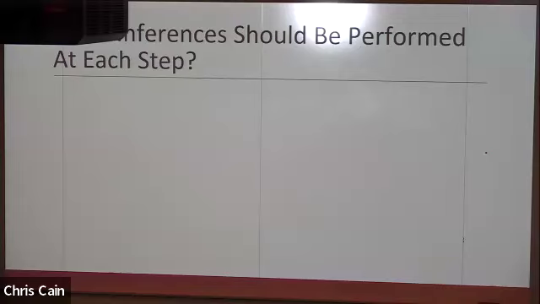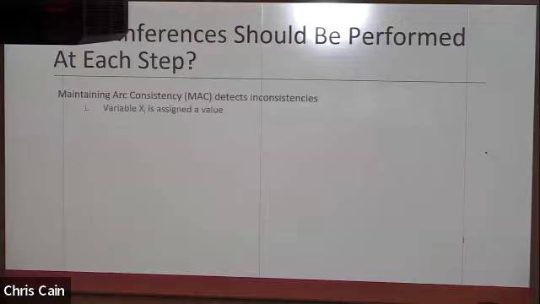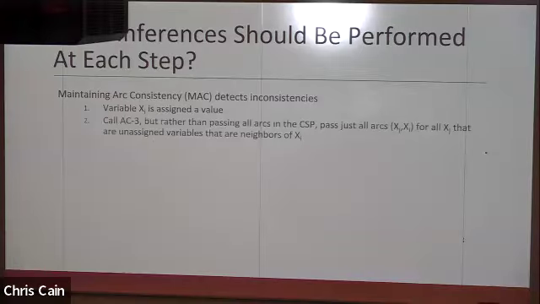Given that we're looking at each step, what inference should actually be run? If you run maintaining arc consistency, it will detect some of those inconsistencies. So if we have a variable that's assigned a value, we then call arc consistency, but rather than passing in every single arc in the entire graph, pass just arcs that are unassigned neighbors of that.